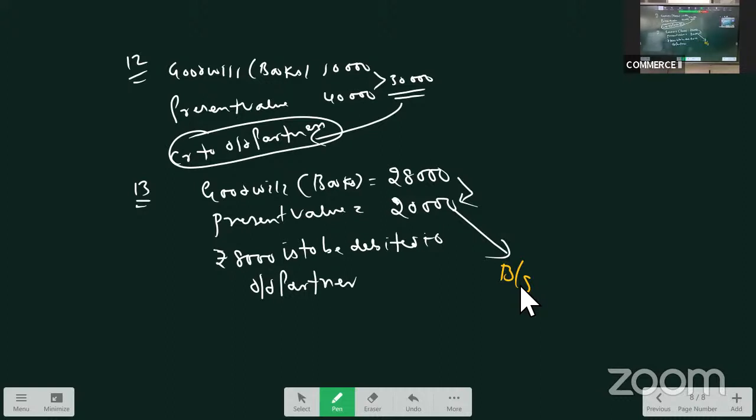They decided to admit Kiran into partnership on the following condition. Kiran has to bring 25,000 as capital. Machinery and furniture depreciated by 10%. Building appreciated by 20%. Stock by 10%.